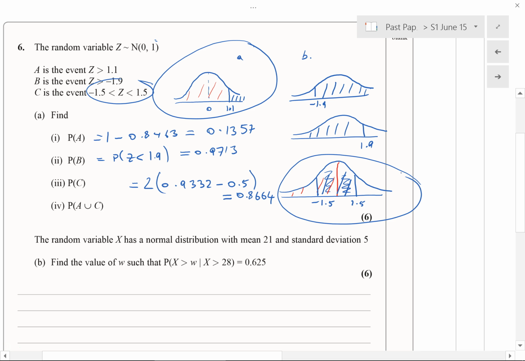If they were mutually exclusive, it would be just adding the two together, but they're not mutually exclusive, because as you can see, if I draw another diagram here, we actually have the 1.5 and the 1.5, that's the bit there, but we've got this overlap with the 1.1.